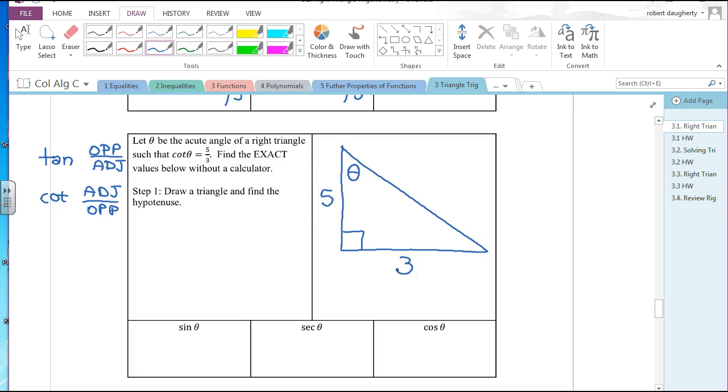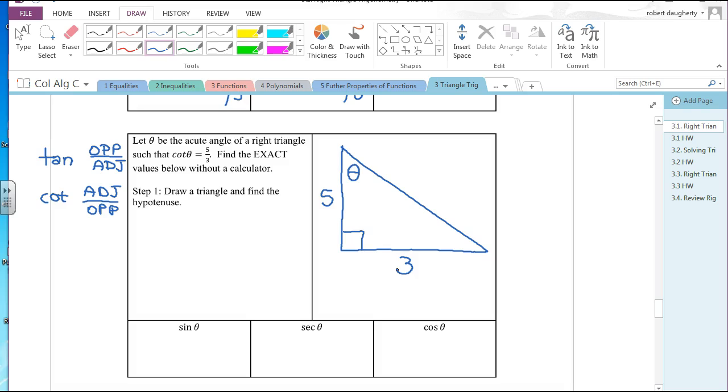Okay? So this is where the previous problem started. I gave you the triangle and I gave you the numbers. Now I backed it up one step and gave you the value of one trig function. You had to draw the triangle to figure that out. Now, how do I find the hypotenuse?